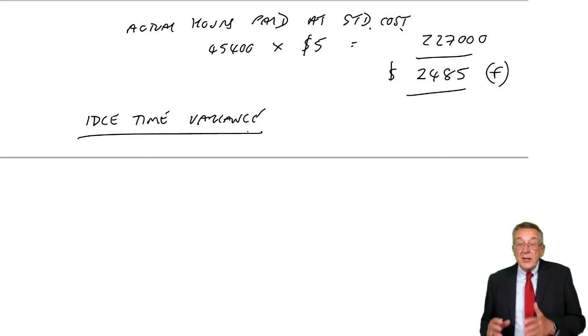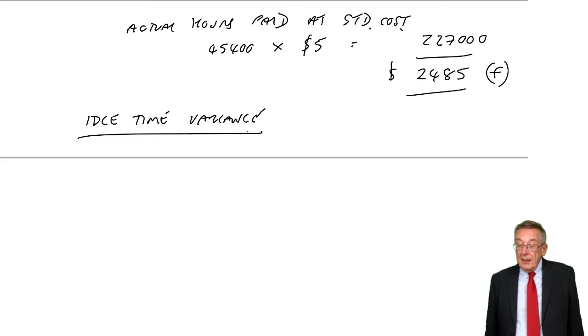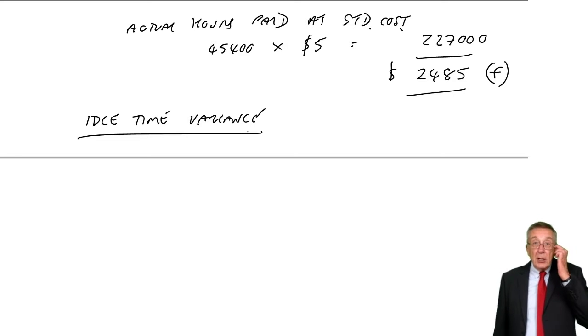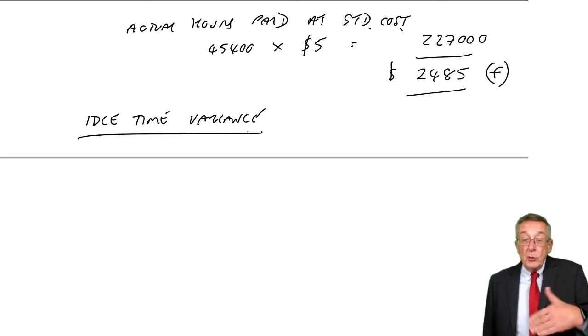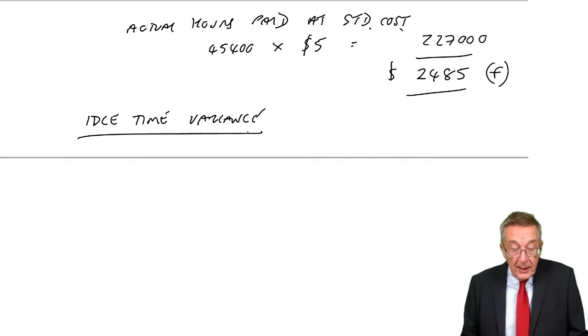Idle, well, when you're not working, we say you're idle, you're doing nothing. And so let's see how much it cost us to pay them for hours that didn't work. So this is, I think, an easy one to remember.